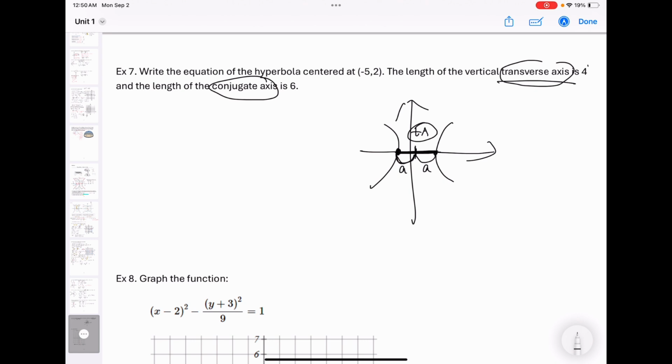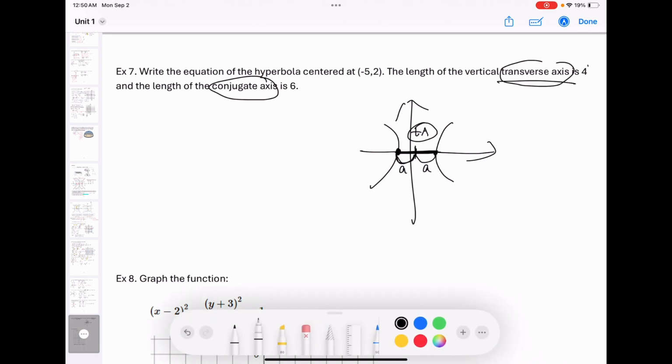And what is the conjugate axis? Let's use a different color. The conjugate axis is the distance between the two co-vertices. So we say CA.